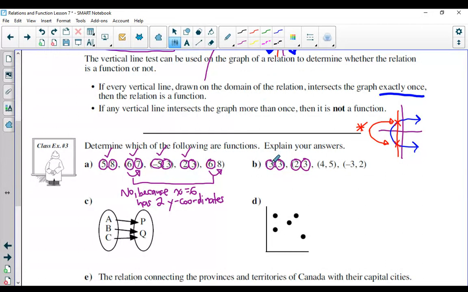So 3 maps to 3, 2 maps to 3, 4 maps to 5, and -3 maps to 2. The reason this is a function is, so I'll say yes, for every x coordinate, there's only one y coordinate.